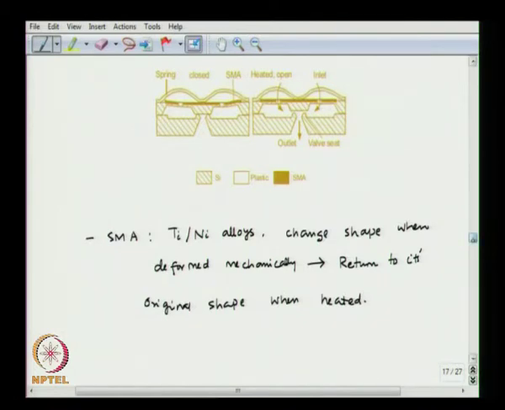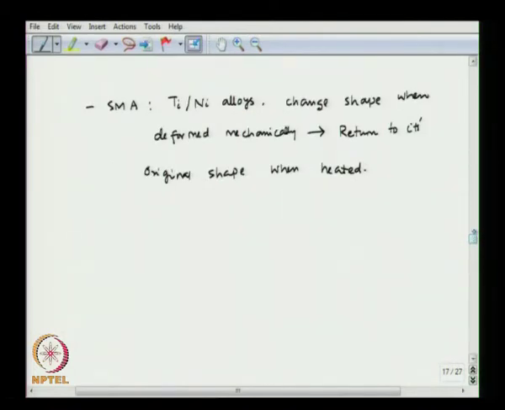So, that is the property of the shape memory alloy, and the shape memory alloy will undergo a phase transformation upon heating.